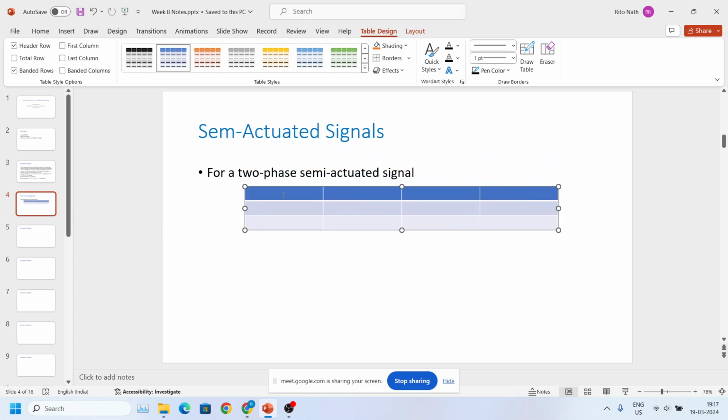So here this is phase. Next is green split. Next is change interval. Okay, this should be 4. And then you have clearance interval.